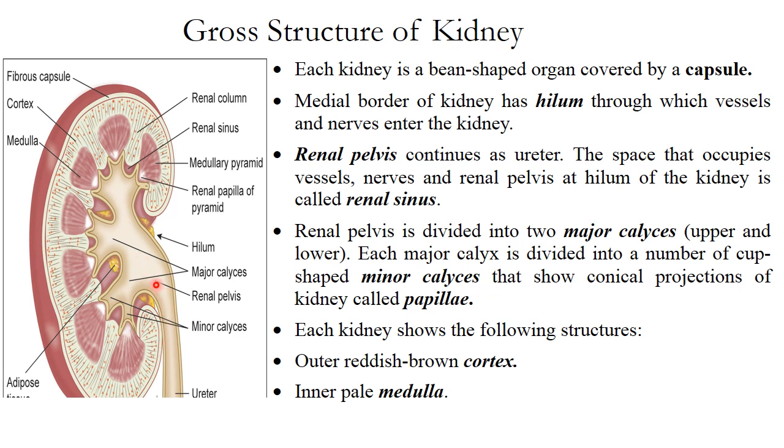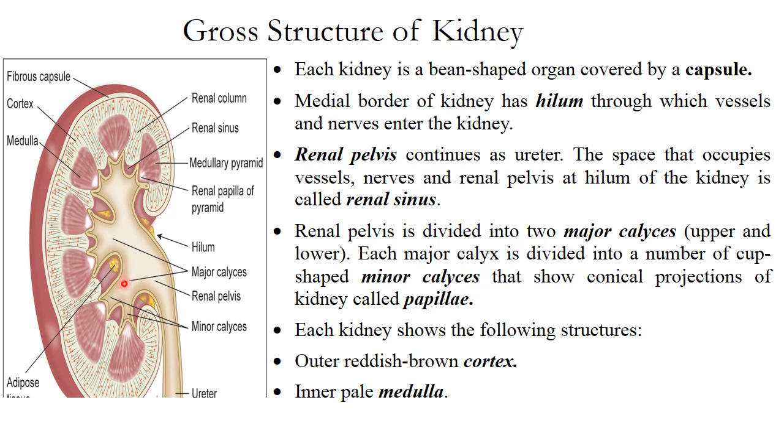Renal pelvis continues as ureter, and the space that occupies the blood vessels, nerves and the renal pelvis at the hilum of the kidney is known as renal sinus. So this is the renal sinus. Now renal pelvis, this part, is divided into major calyces.